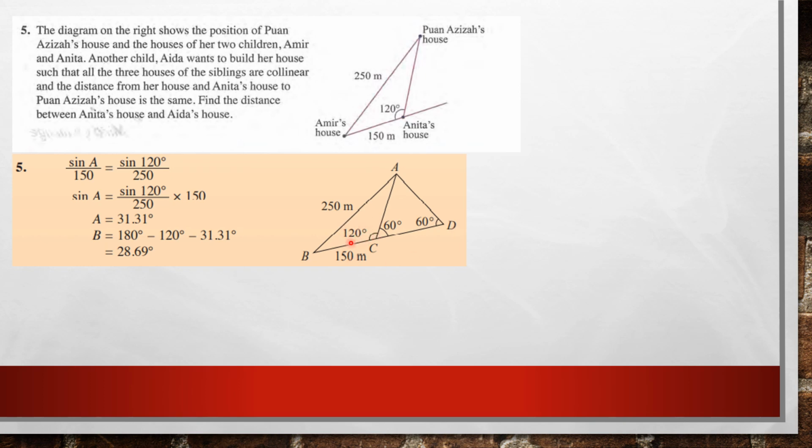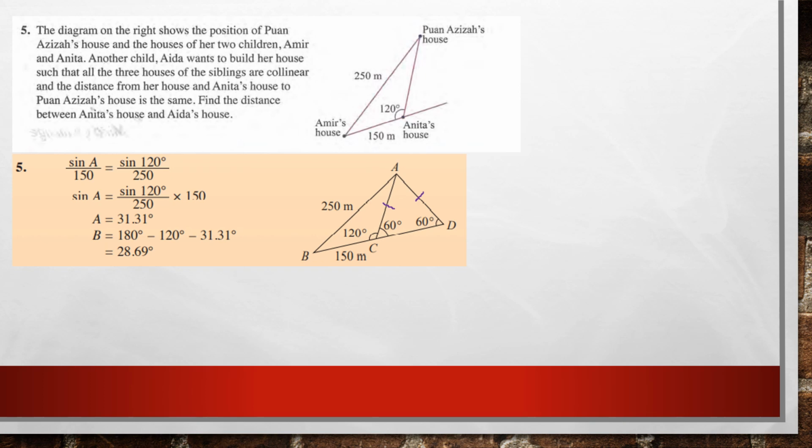So first we find this angle. This is 120, it's already given. So the other part will be 180 minus 120, so 60. Since Anita's house to Puan Aziza's house must be the same as Aida's house to Puan Aziza's house, the lengths AC and AD must be the same.